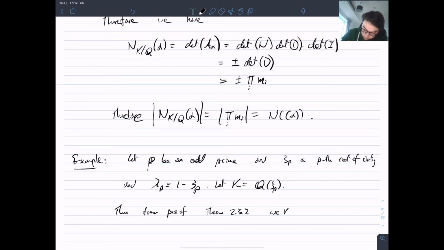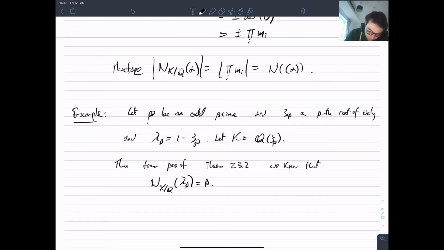We know that in that theorem we checked that the norm of this element, lambda_p, was exactly p. Therefore, using this theorem, the norm of the ideal that this element generates, notice that this element lives in O_K, so it makes sense for me to talk about this ideal, is the same thing as the absolute value of the norm from K to Q of lambda_p, which equals p.